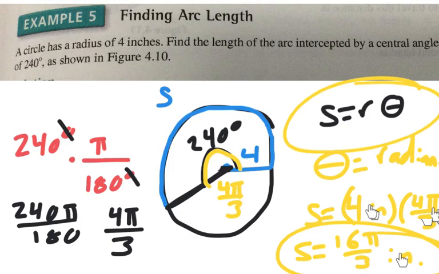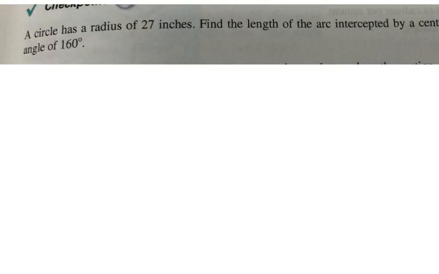So when I multiply inches by radians, my final answer is still in inches. That's a unit that makes sense to us. So the arc length here would be 16 pi over 3 inches. And if they wanted a decimal representation, that would be approximately 16.76 inches.